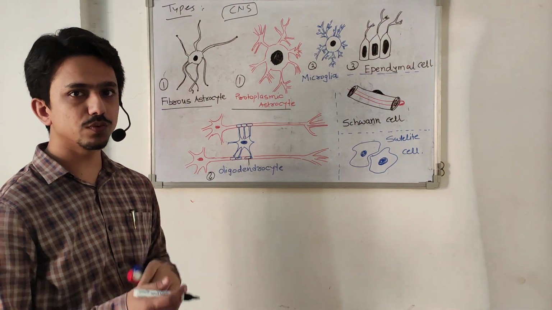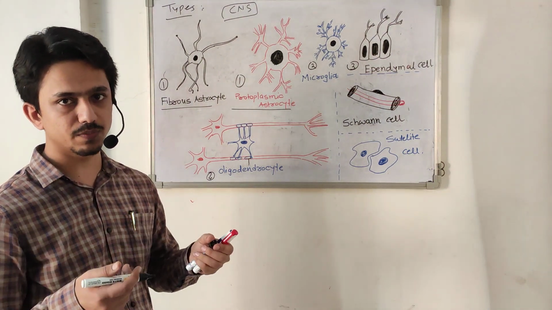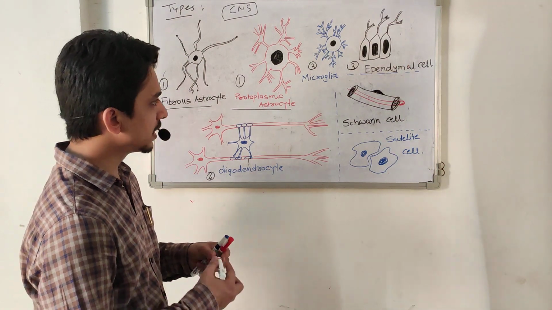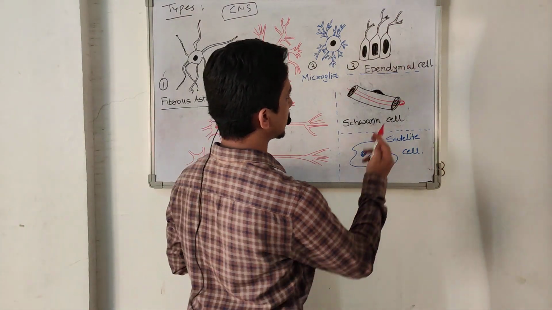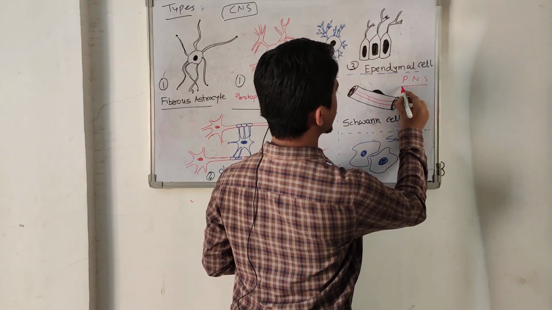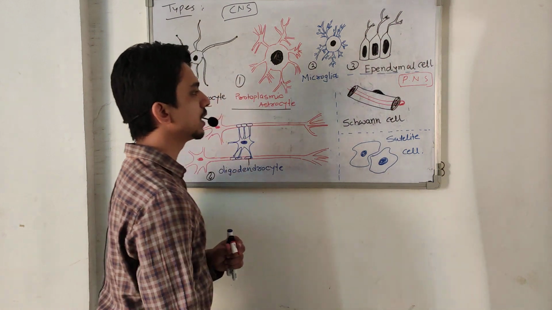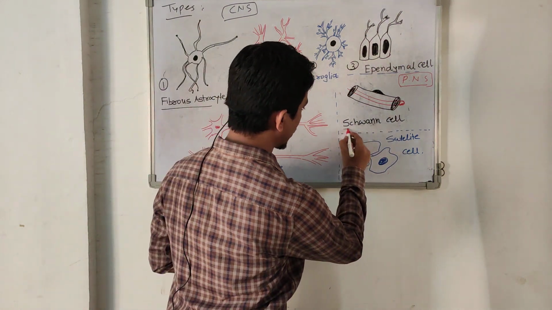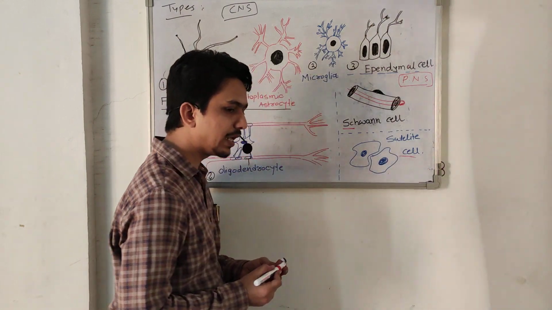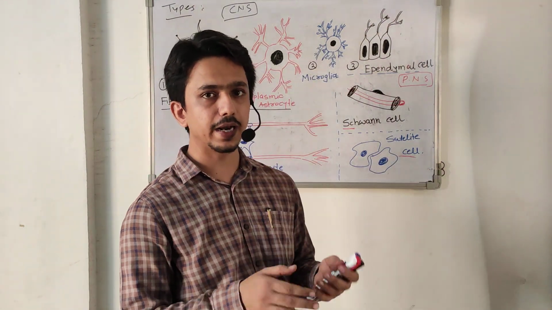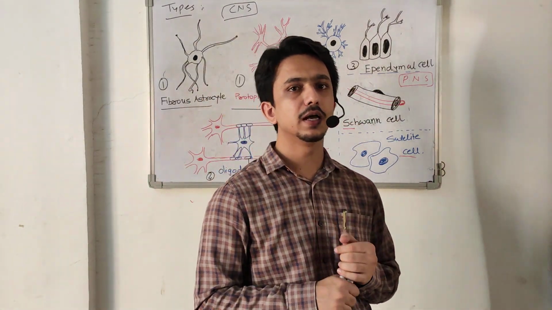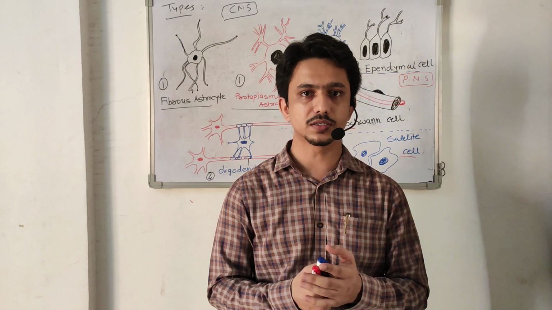These four types of glia cells are present in the CNS, the central nervous system, while in the PNS there are only two types of cells. When we talk about the PNS, the peripheral nervous system, there are basically two types of neuroglia cells. The most important is the Schwann cell and the second one is the satellite cell. But recently one more glial cell was added in the PNS, the enteric glial cells.